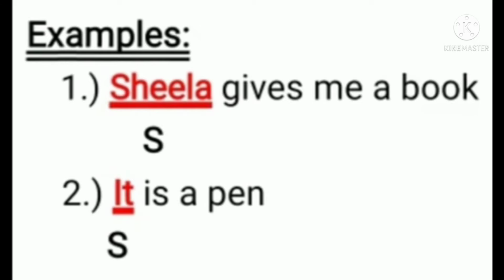Here, Sheila is the person who does the action. Then the second example, it is a pen. Here, it, which is the thing, acts as the subject. So in these two sentences, Sheila and it represent the subject of a sentence.